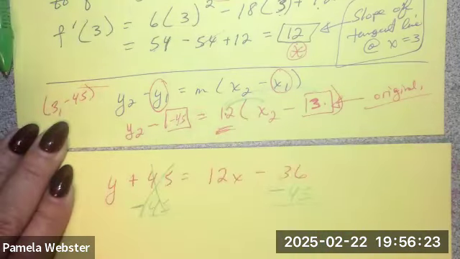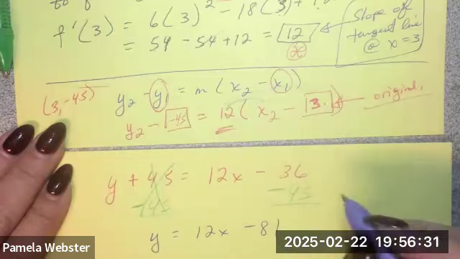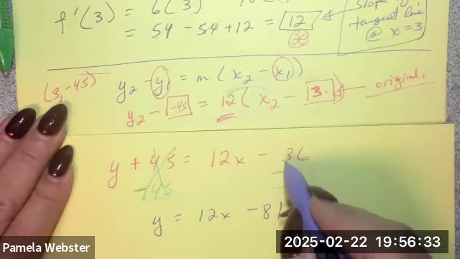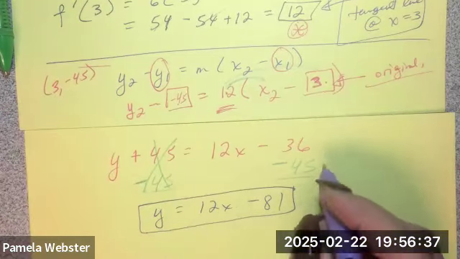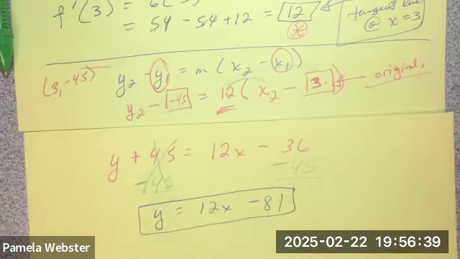So I've got y equals 12x, and that's going to be minus 81, right? 1, carry the 1, yep, minus 81. There you go. That is nice. So this is the equation of the line that is tangent to this graph at x equals 3.